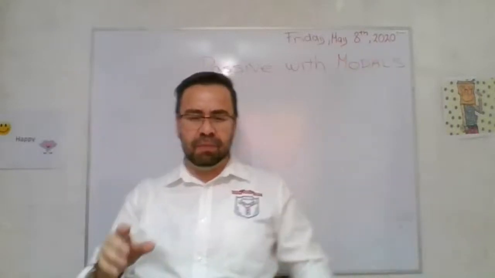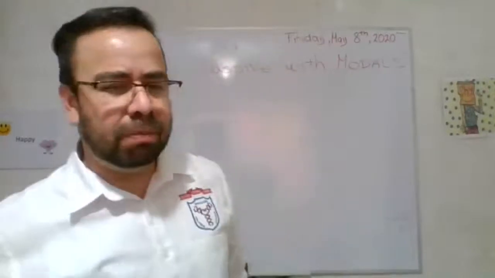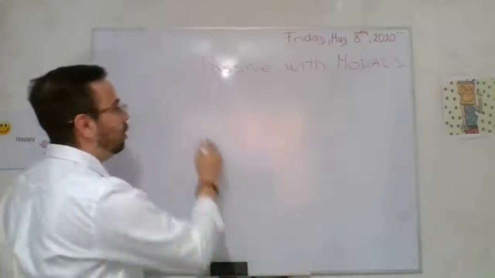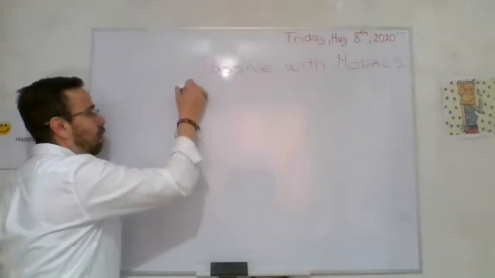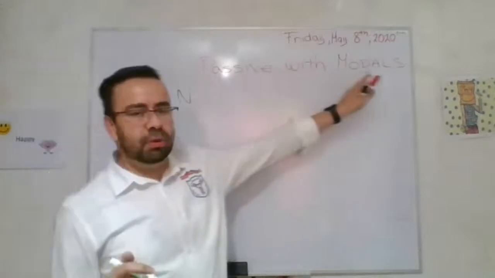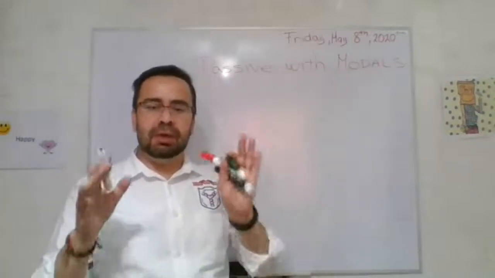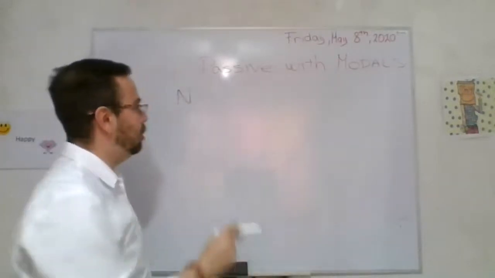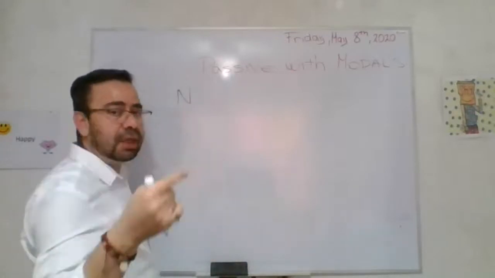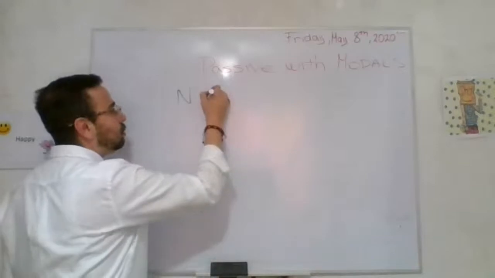This is very easy. I'm going to explain the grammar structure, the pattern. First you need the noun. If you want to talk about passive with modals, the pattern, the grammar structure, is the noun. This is number one. The second is the modal verb.